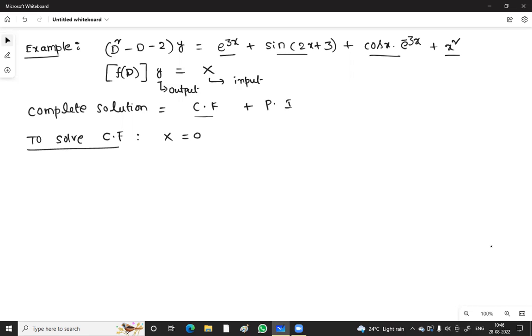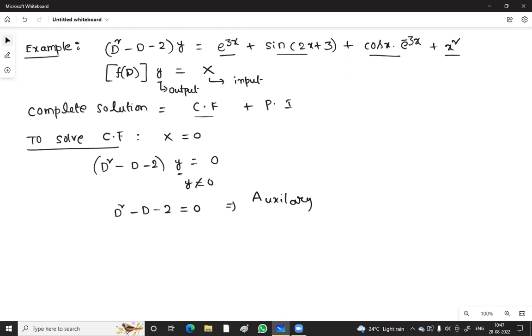It means your question becomes D square minus D minus 2 operating on y is equal to 0. Since y is the output and is not 0, D square minus D minus 2 should be equal to 0. This is called the auxiliary equation.